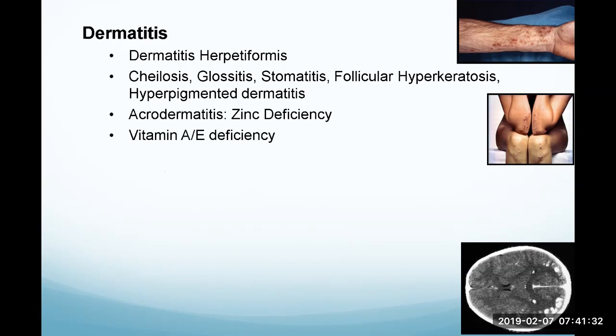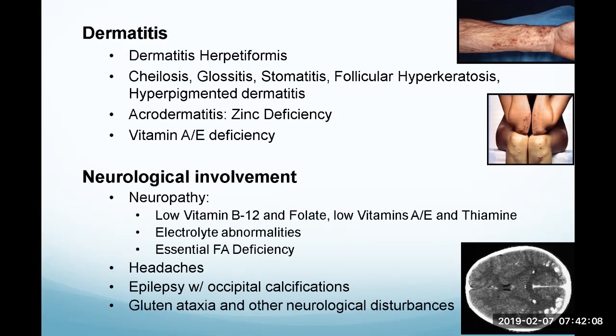Dermatitis, we all talk about dermatitis herpetiformis, which is the classic pathognomonic dermatitis associated with celiac disease, but other things that can present in these patients include cheilosis, stomatitis, hyperpigmented dermatitis, and acrodermatitis, and all these symptoms are mainly due to deficiencies of zinc, vitamin A, and E. Neurological involvement can range from neuropathy due to electrolyte, essential fatty acid, and vitamin deficiencies to headaches, epilepsy, and gluten ataxia.